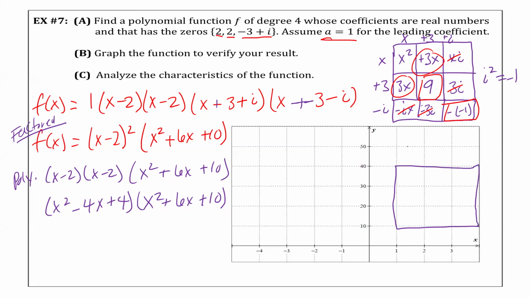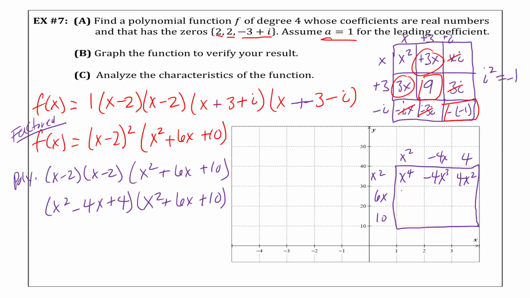You can always do the box method. So with the box method, you have x squared, negative 4x, and 4. You have x squared, 6x, and 10. And you're filling it in. X squared times x squared is x to the 4th. You add your powers together, right? X squared times negative 4x gives us negative 4x cubed. X squared times 4 gives us 4x squared.